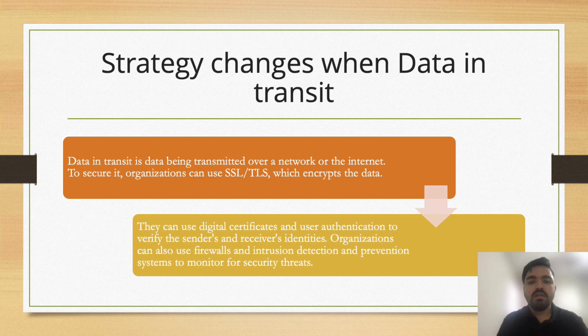VPN can help prevent unauthorized access to data in transit and provide secure access to company resources for remote workers who are working from home or from outside of the office.